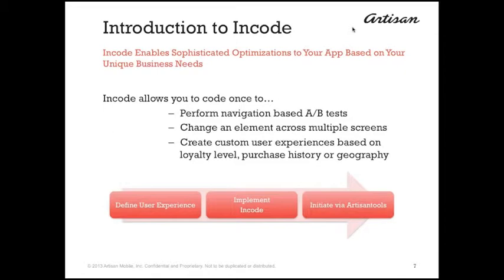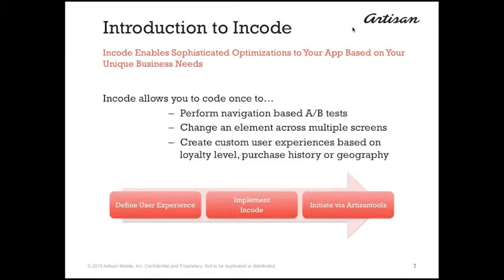The first step is to define your user experience. Think about what it is that you want your app to do and be able to articulate that. And I'll give you an example in just a minute. And then we'll implement the InCode, and then you activate it through the platform.